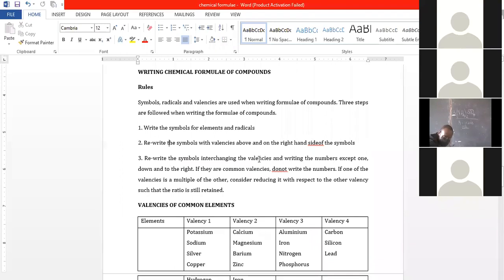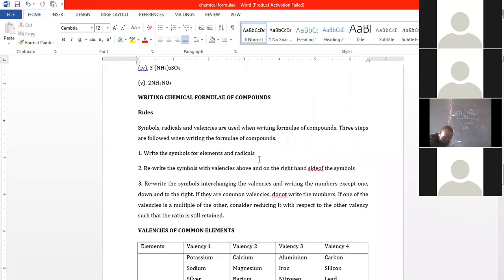Yes. On the blackboard, you've written an equation. I just wanted to ask, does the 2 at the bracket only influence the NH4, or does it also affect the remaining SO4 and O? It doesn't affect.